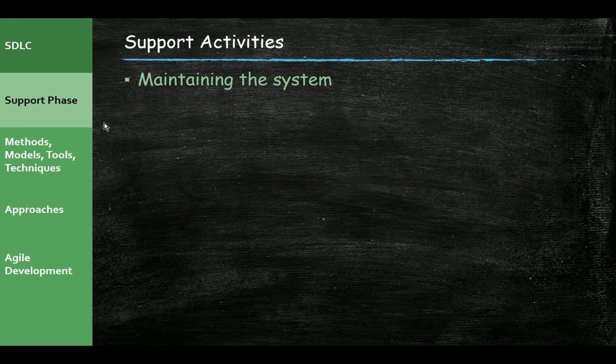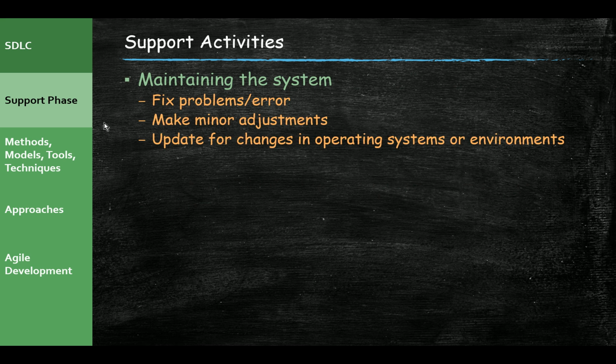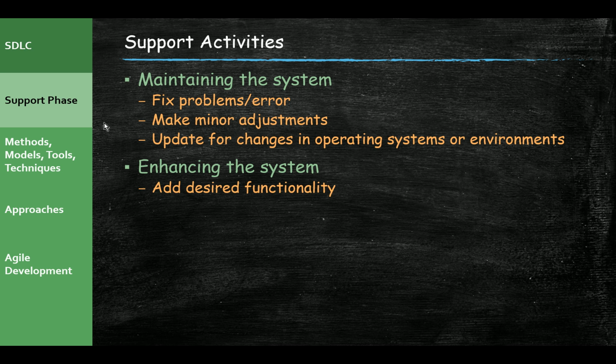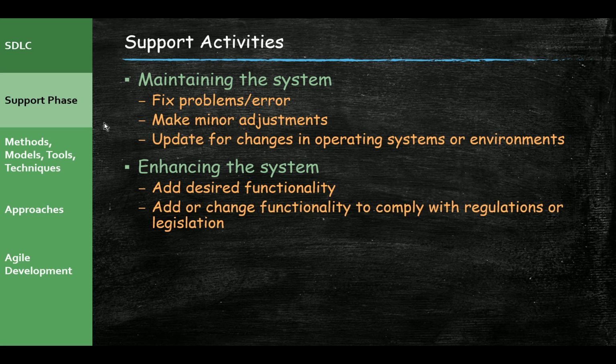So a little bit more about these support activities. We have maintaining the system as a support activity. So we're fixing any problems and errors, making minor adjustments, and updates and changes in operating systems or environments are all being managed during that maintaining the system phase. Enhancing the system: users might say we have some new functionality that we need from the system to stay competitive and so forth. So that's going to happen.